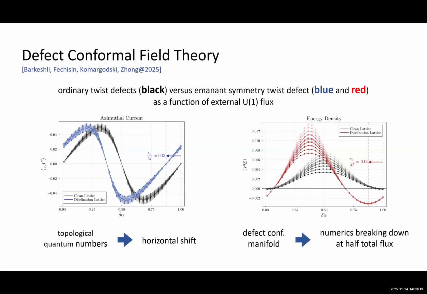So what we did is that we scan all different values of the external flux from 0 to 1 and draw this diagram, and then identify the horizontal shift of the topological quantum numbers. So if you are an experimentalist and you want to be sure that you are not working in the dangerous area, I would suggest that you add some external flux, an external localized magnetic field, to the lattice imperfection.